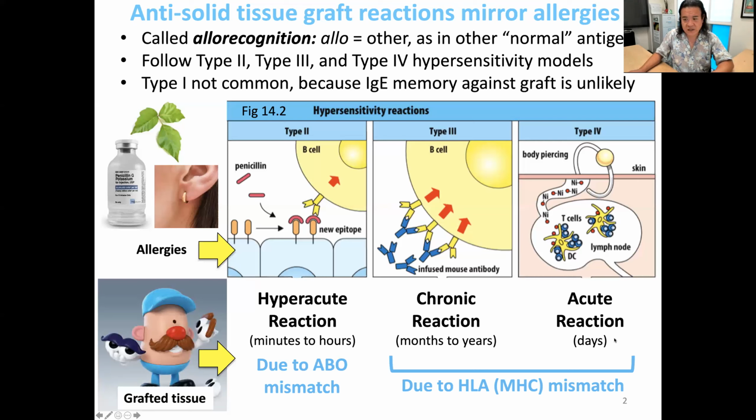We tend to refer to that as acute reaction. Or it might be rejection that doesn't happen right away, but might take months or even years before the patient's body finally rejects the transplanted tissue. That we would call chronic reaction.